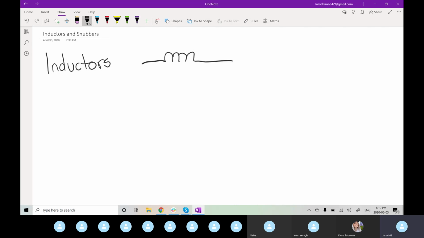Now an inductor is an energy storing device, much like the capacitor is, except instead of storing charges like the capacitor does through its capacitive charge buildup, the inductor stores energy in the form of magnetic fields.